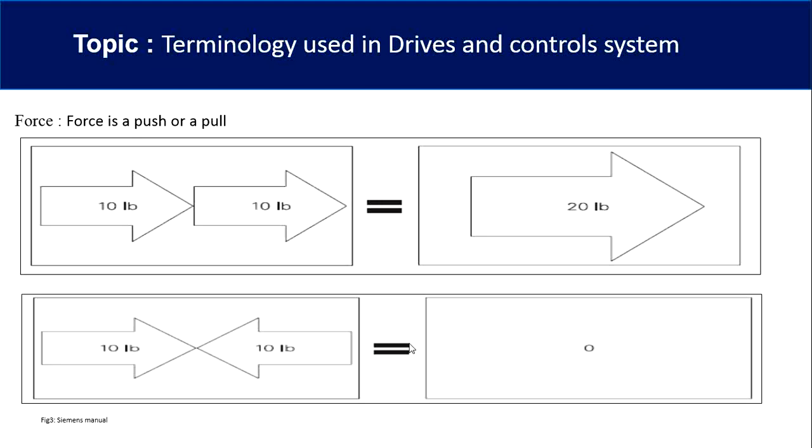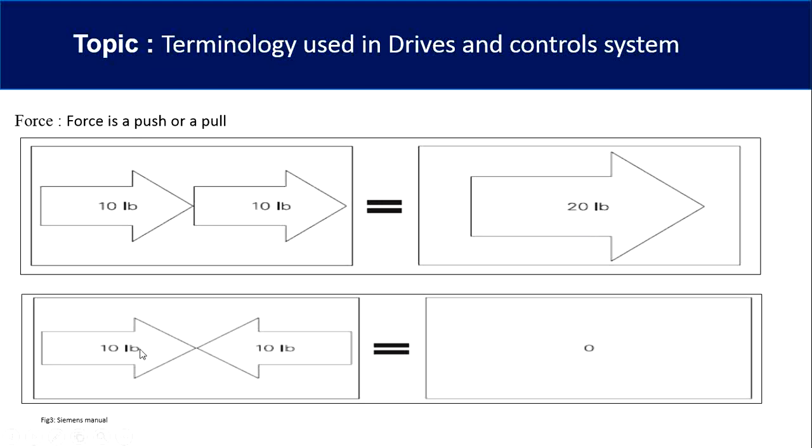Whenever we apply some force, the direction also needs to be taken into consideration. If both are in the same direction, the forces will be added. If both are in opposite directions, they will be subtracted. Consider the case where it is 10 pound here and 5 pound here. What will happen? The resultant will be 15 pounds.